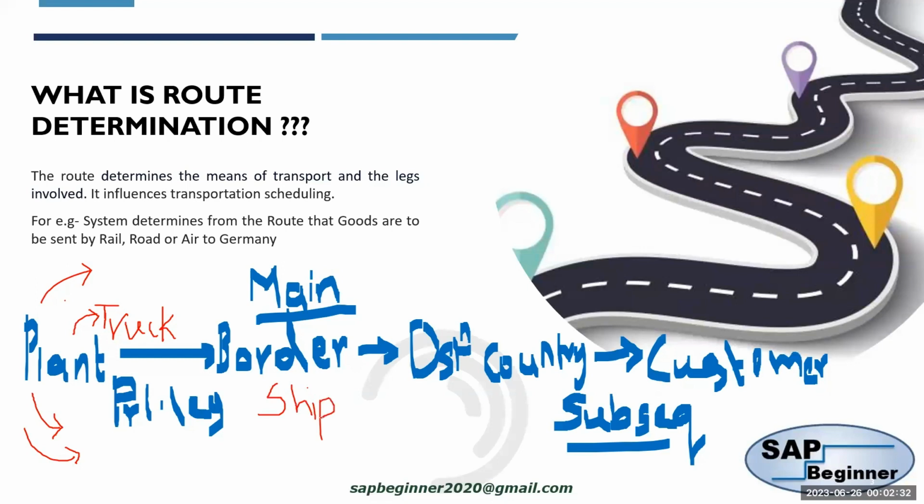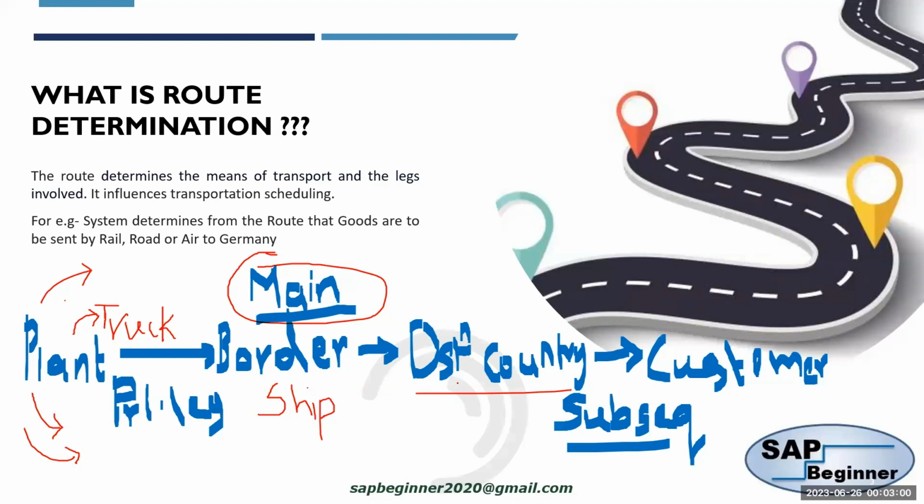Then the goods are transferred to a ship at the dock. Then at the border, because that's one country's border, for example the Indian border, that ship, that seaway, you will call it a main leg. Now that ship reaches your destination country, let's take Germany as your destination country.